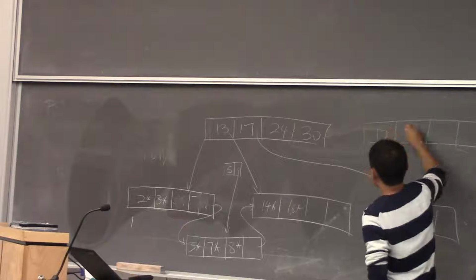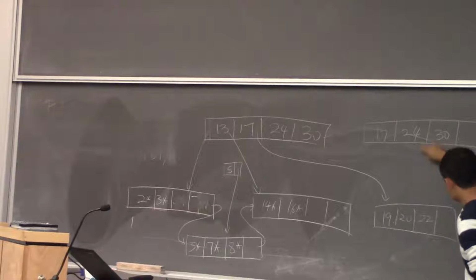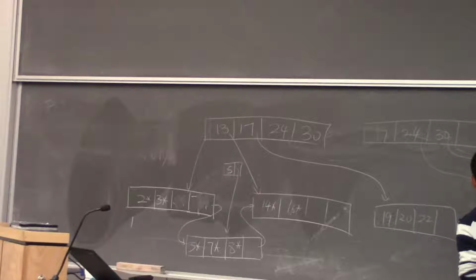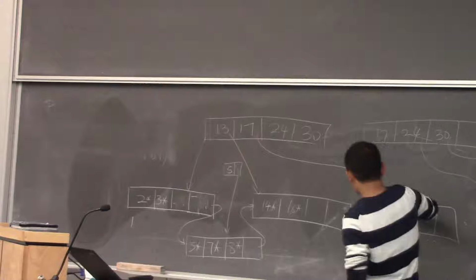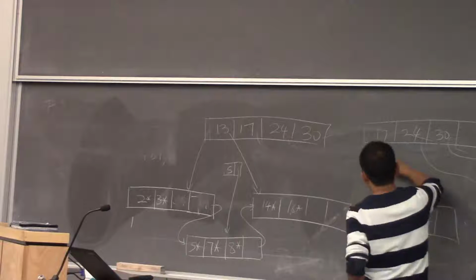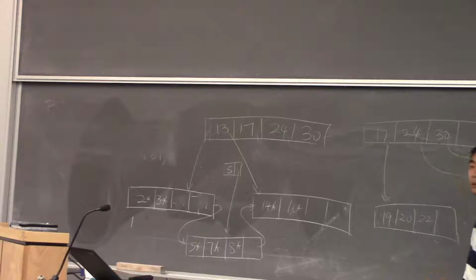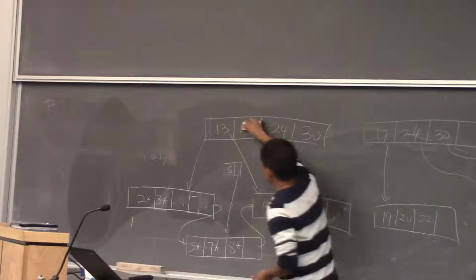the 3 entries coming over here will be 17, 24, and 30, along with their pointers. So this will still point here, this will still point here. And 17 points to here, right? So now since you move this entry over, this pointer will come here. Okay? And you remove them from here.